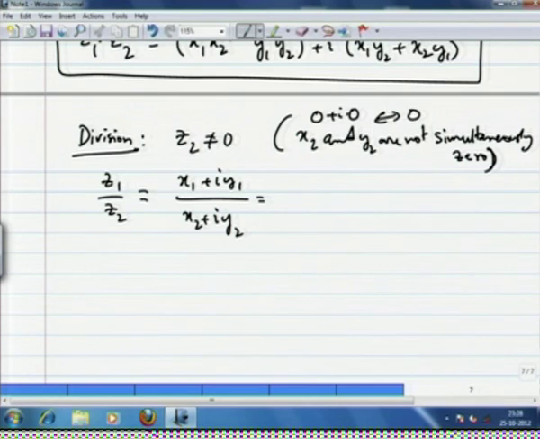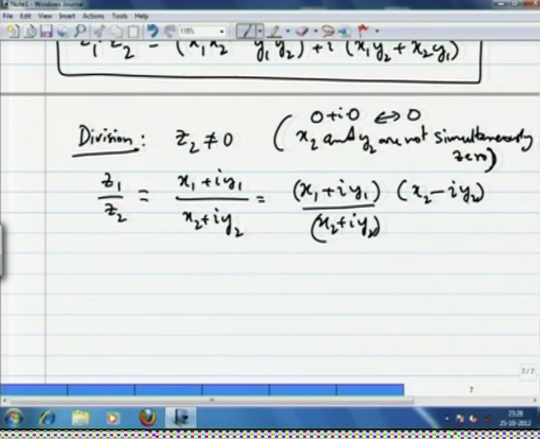And then x 1 plus I y 1 divided by x 2 plus I y 2 can be rewritten, and you will see in a moment why I am doing the following, by multiplying by x 2 minus I y 2 in the numerator and the denominator.